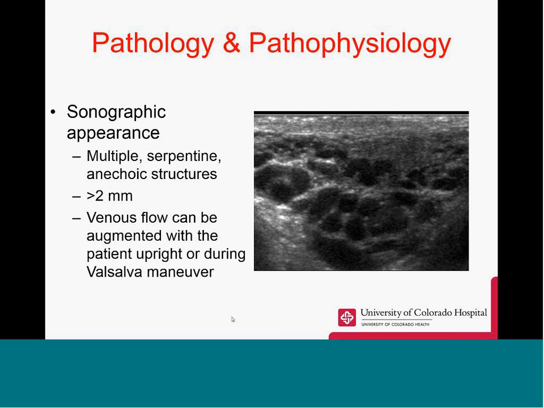On ultrasound, you're going to see multiple serpiginous anechoic structures, usually greater than 2 millimeters. Again, here we've recently changed ours to greater than 5. Venous flow may be augmented with the patient upright or during Valsalva maneuver.